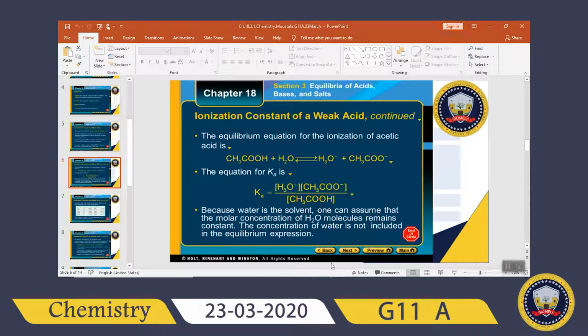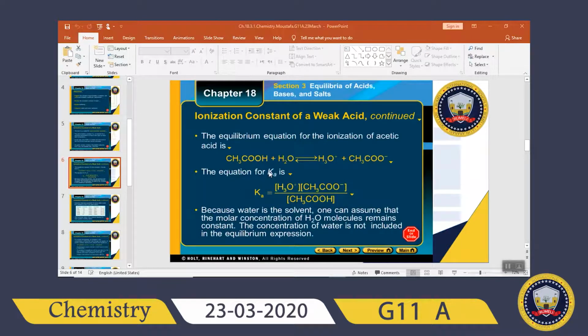So the conclusion here: if you increase the concentration of this acid, you have to increase also the product, the hydronium ion, and the net result is no effect on the Ka, which is the ionization equilibrium or the ionization constant. This is for normal ionization of a weak acid.